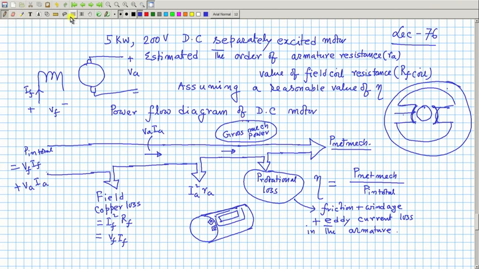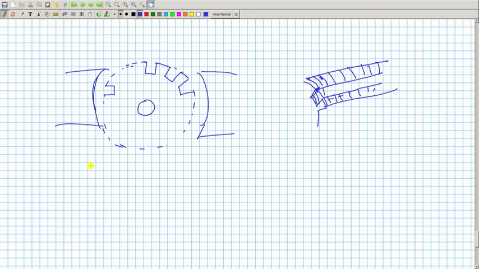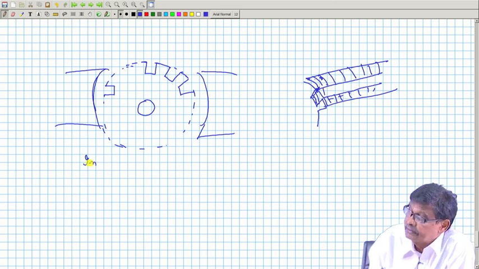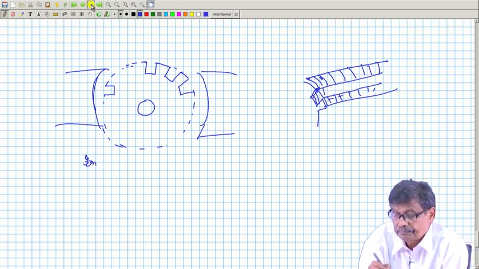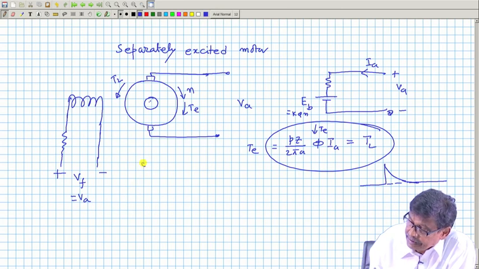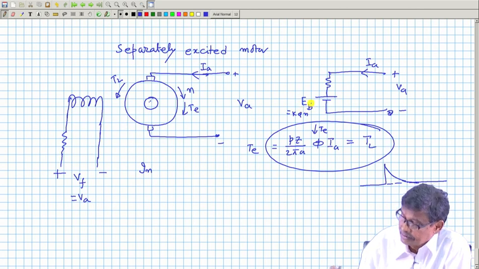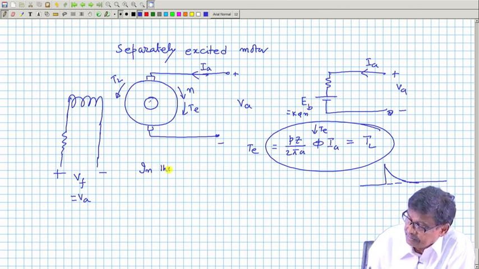Now, I can also get that by simply arguing in the armature circuit. This was on the next page. In the armature circuit, this is Ia. Suppose the steady state current drawn is Ia, and the back EMF is Eb, in the armature circuit.